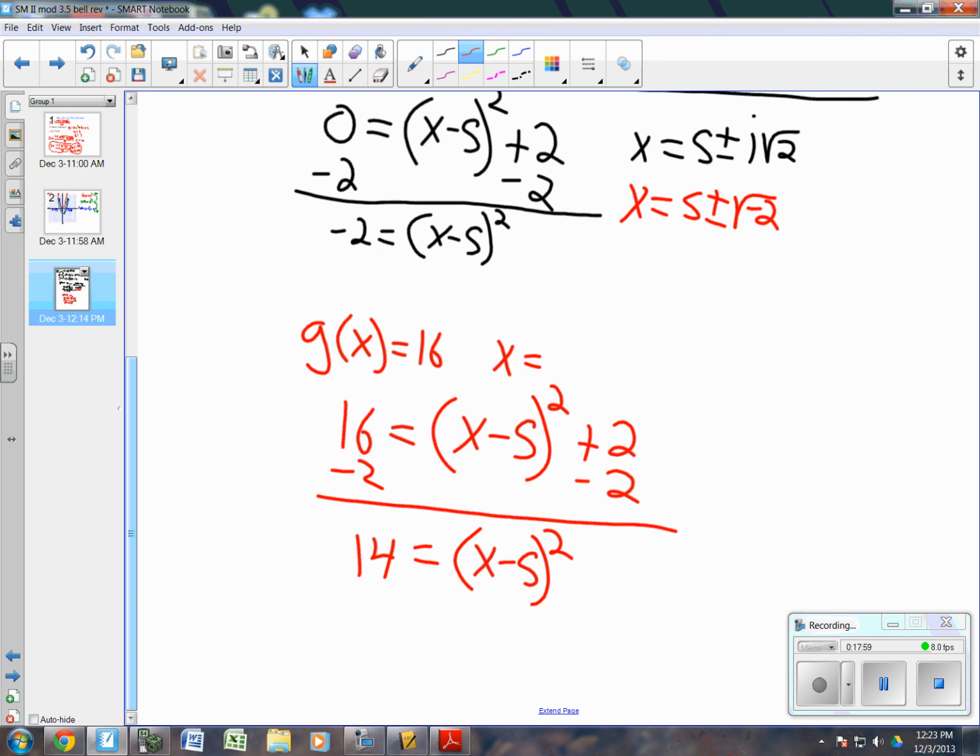Then I square root both sides, right? This time I have a positive number to square root, which is nice. I have the square root of 14. We're going to leave it like that. It's plus or minus now. So I'm going to get x minus 5 on this side, plus or minus the square root of 14 on this side. What's the last thing I got to do? Add 5. So my solution is going to be x equals what?